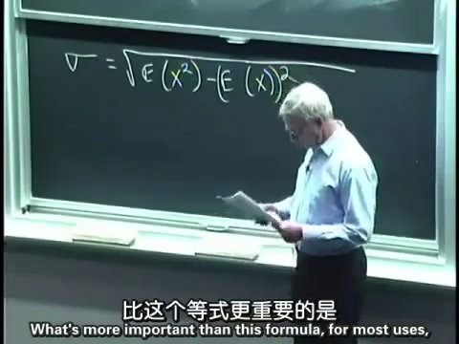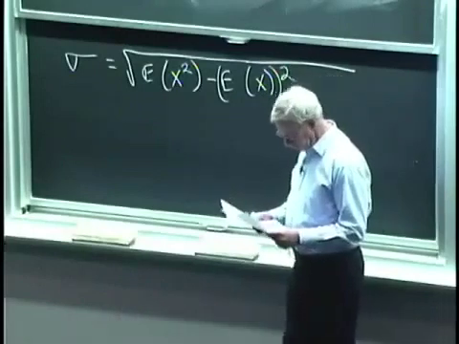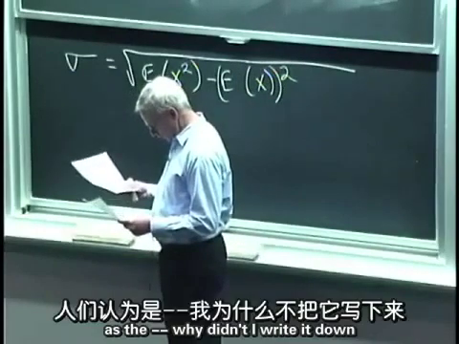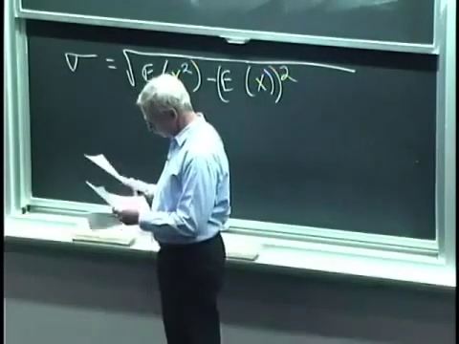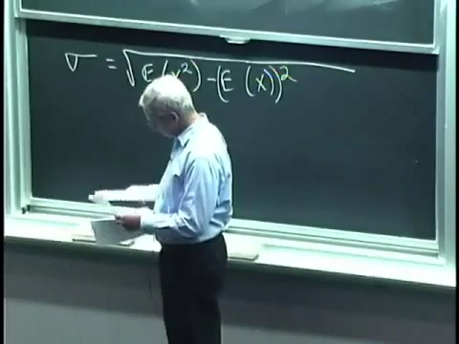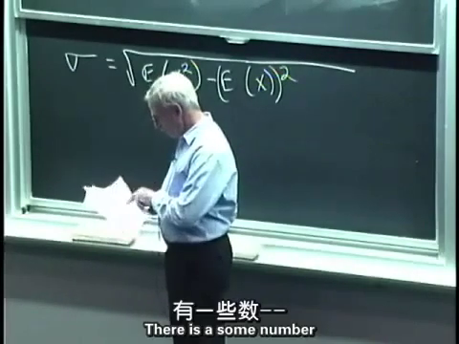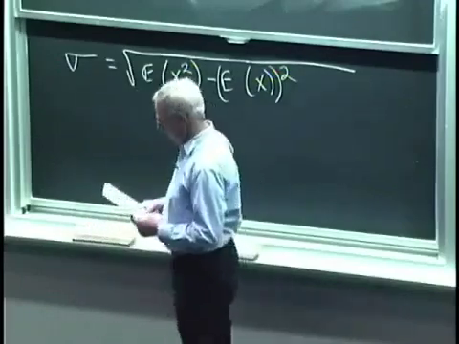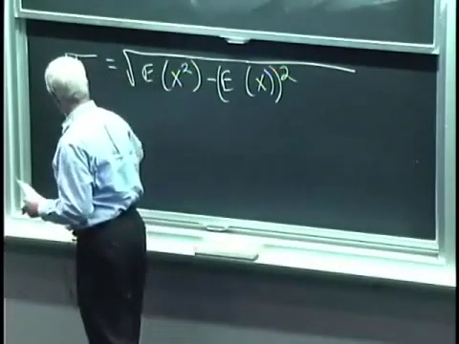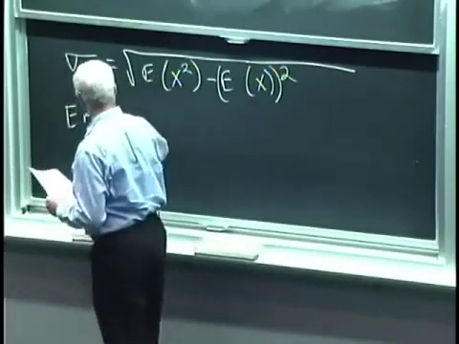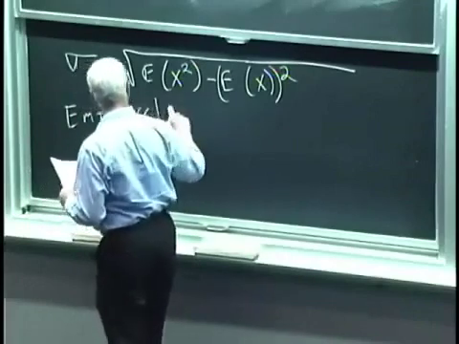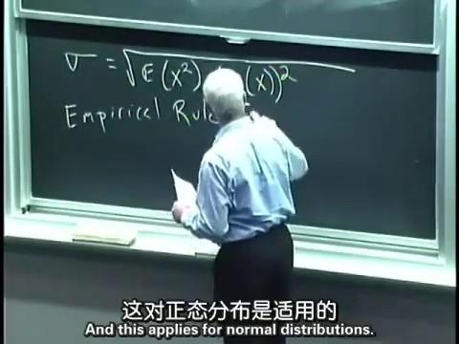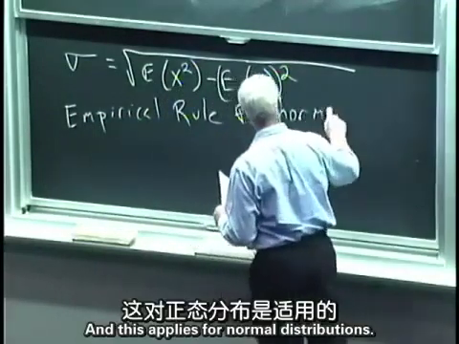What's more important than this formula for most uses is what people think of as, why didn't I write it down? Uh-oh. This is interesting. I see why. I did write it down. It just got printed on two-sided. Is the empirical rule. And this applies for normal distributions.